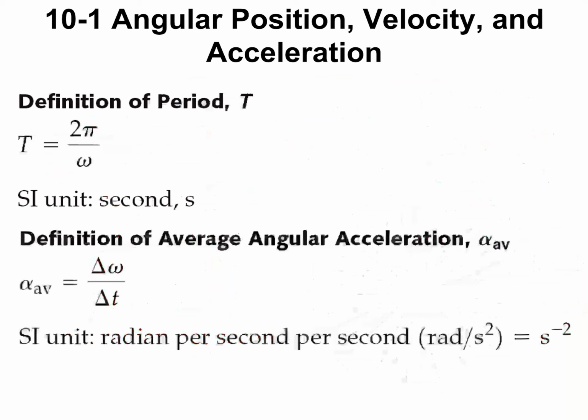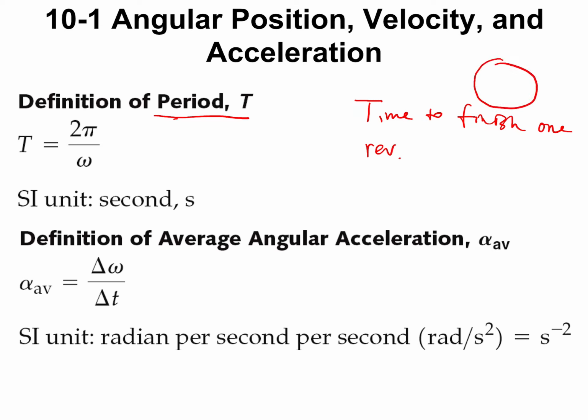Well, there is another important quantity associated with angular or rotational motion. It's a period. What's a period? Period is the time to finish one revolution. Basically the time to finish one circle, right? So suppose you start at this point, this is the reference line, and there's a point.